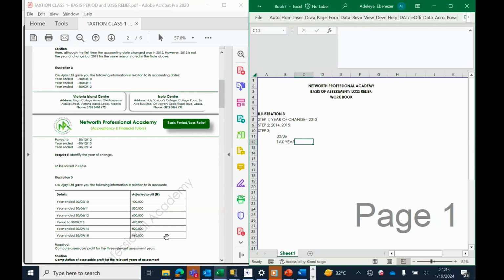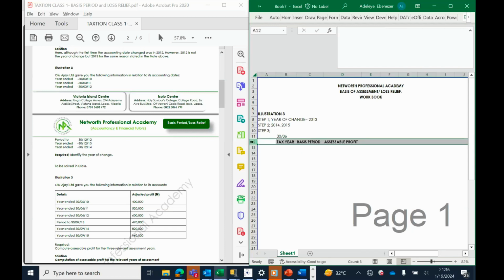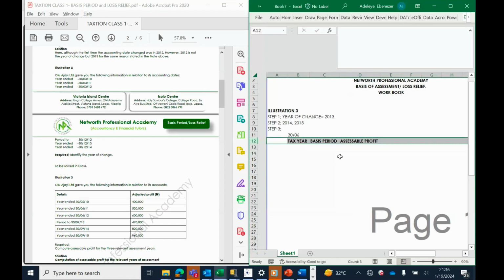So you have tax year, you have basis period, and you have adjusted or assessable profits. So I'm going to do this for each of the years.